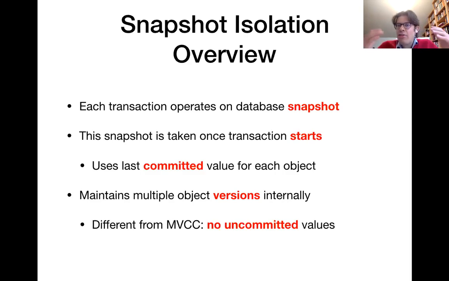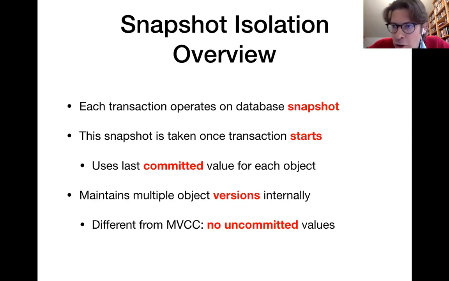And then those transactions essentially operate on this frozen snapshot. So in a way, here we also keep around multiple versions of the database, but whenever a transaction starts, it gets this frozen snapshot of the database, which doesn't change over time.